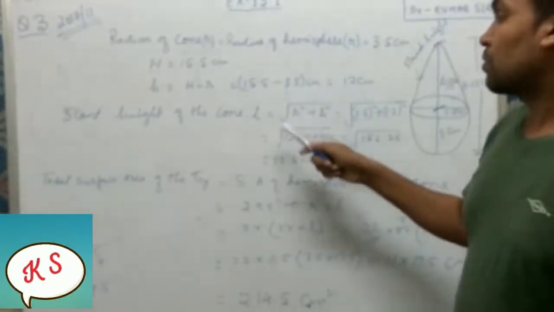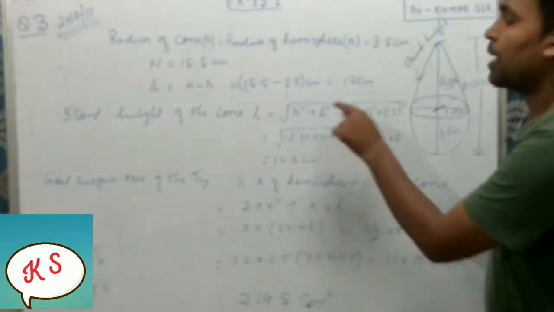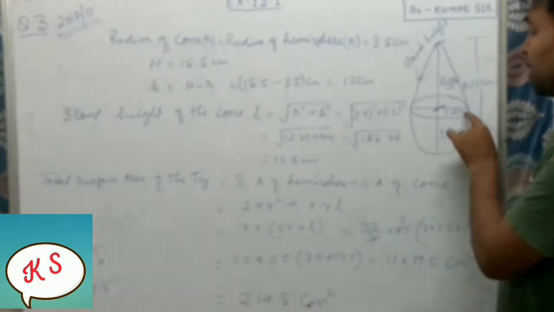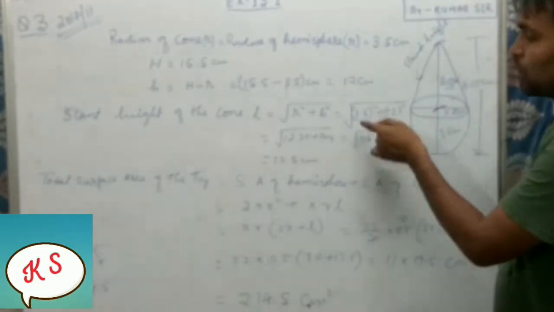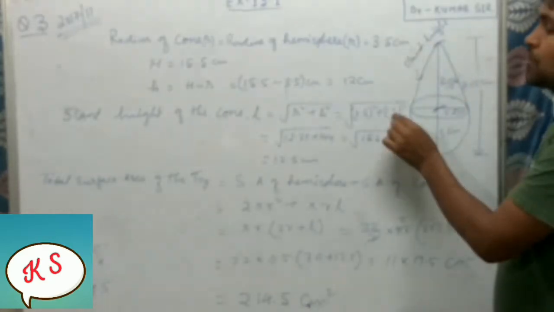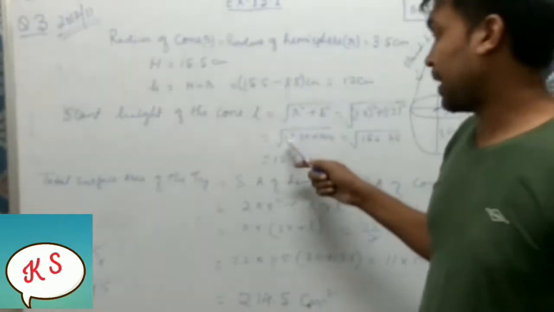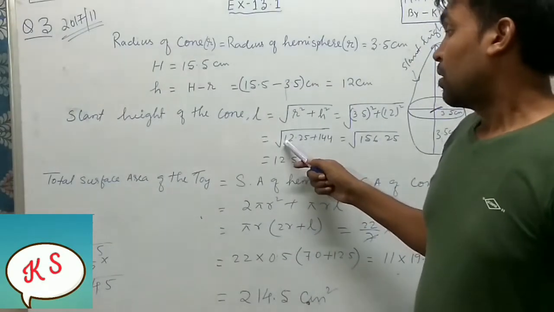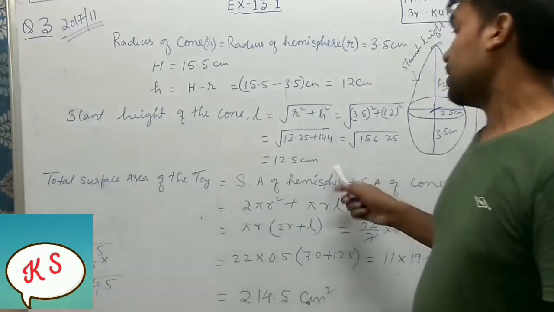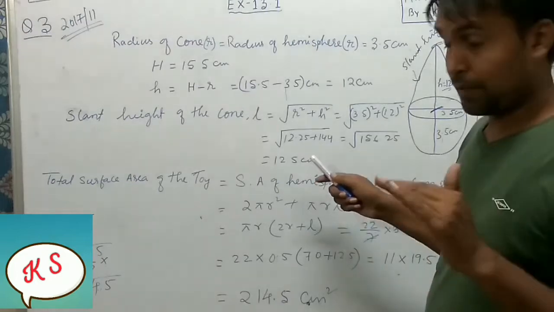So L is equal to root over r square plus h square. R value is 3.5, so we write 3.5 whole square plus h value, small h, that is the cone, it is 12, so 12 square. 3.5 multiplied by itself gives 12.25, plus 12 square, which is 144.